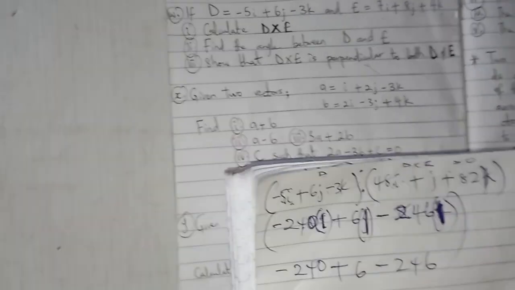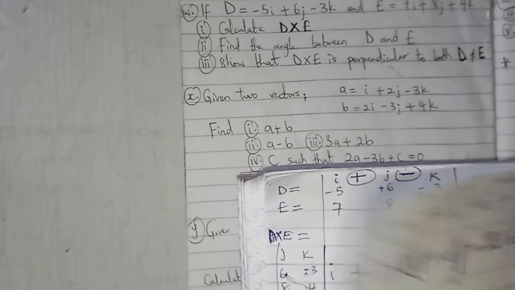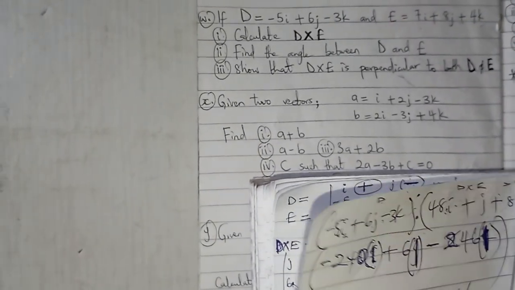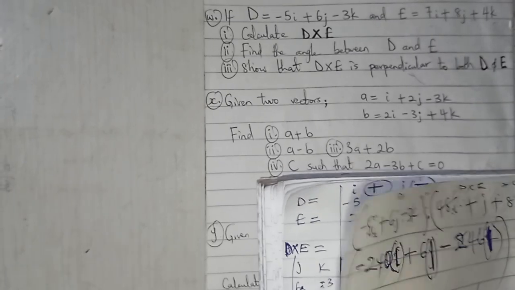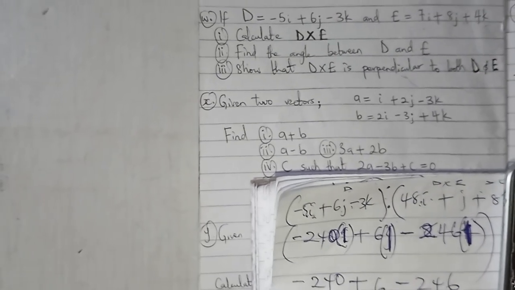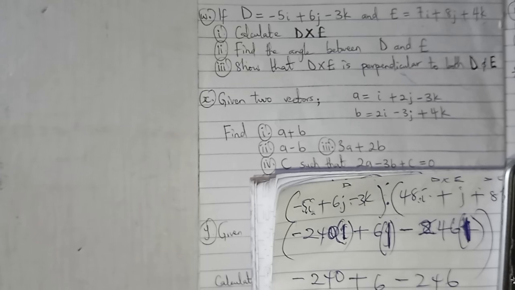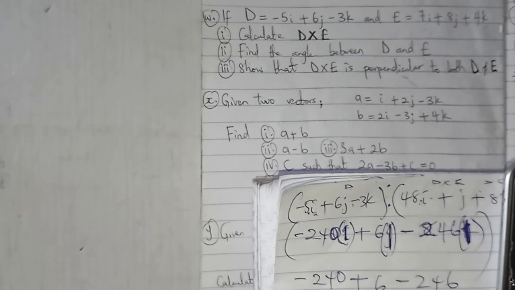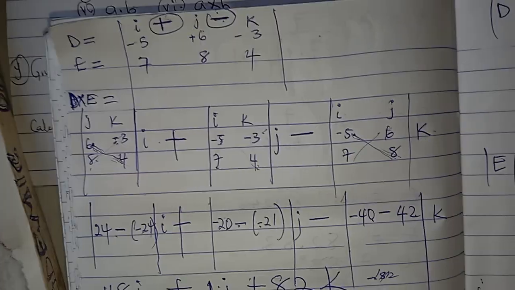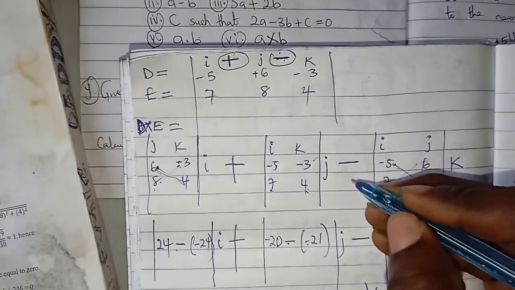So let's check what we have. This should give me minus 240 plus 6 minus 246. Are you kidding me? Something is wrong. Let's try it. So we had a slight error.